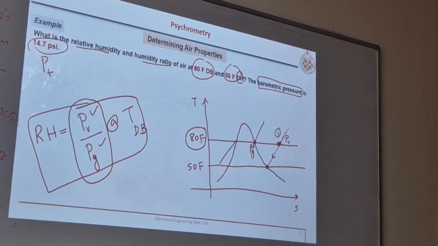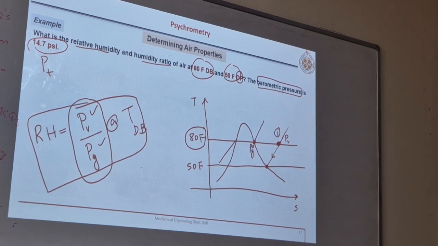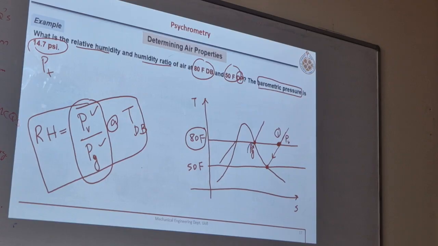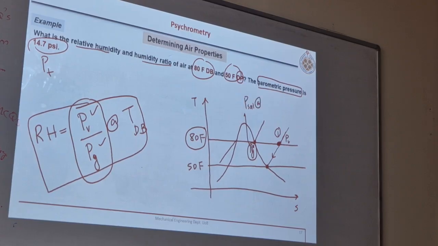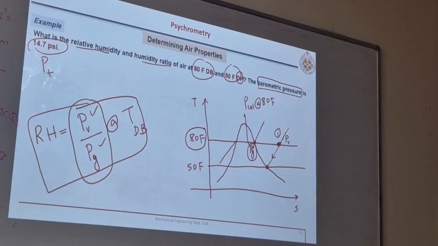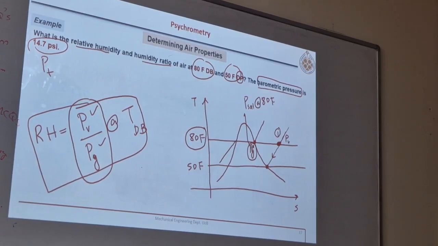Now how to find these pressures? Steam table, yes. I can find this PG, that represents P sat at 80 degree Fahrenheit. So I can go to the steam table and read this PG, which is P sat at 80. What about this one? It's the same, P sat at 50.